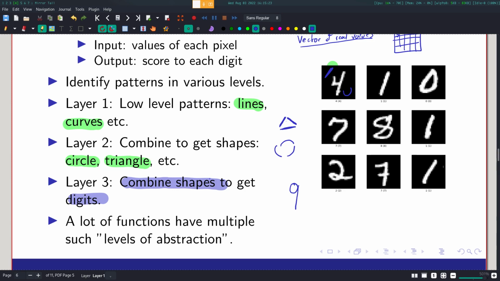And then each one of these levels of abstraction we can sort of delegate to simpler computations, and then a composition of these simple computations gives us this function that can actually identify complicated shapes like digits and so on, right? So that is basically one of the intuitions that you can keep in mind when talking about neural networks. This is about levels of abstraction.